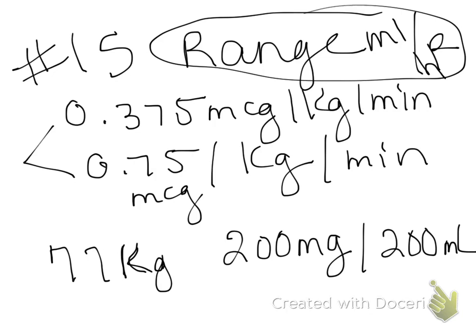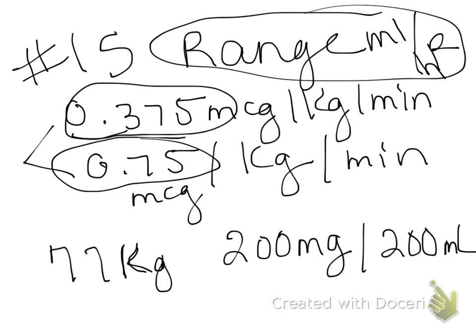The patient weighs 77 kilograms, and the pharmacy gives you the bottle with 200 milligrams of milrinone in 200 mLs of normal saline. So we need to figure out the range. Basically, all it is, is setting up your calculation twice with the 0.375 and the 0.75 to get your range of mLs per hour.